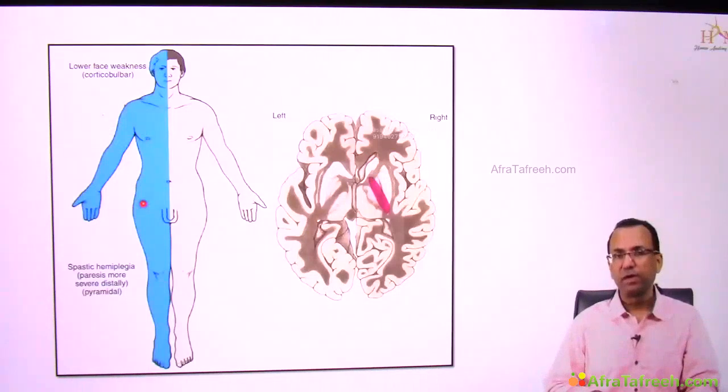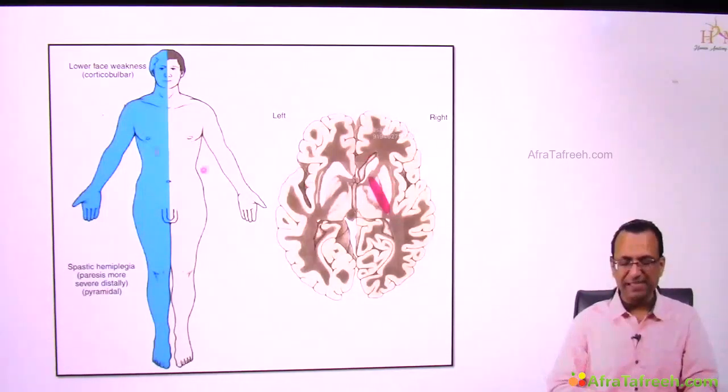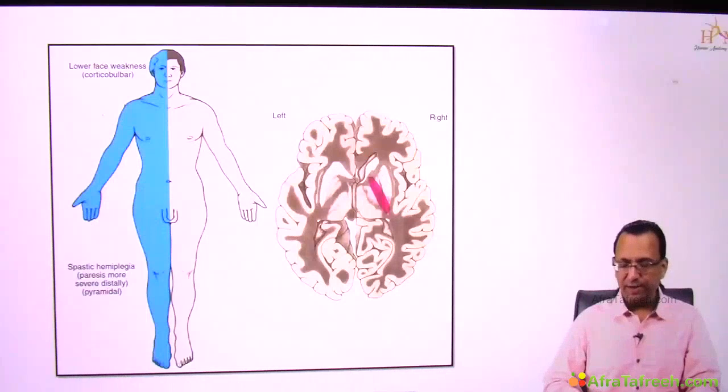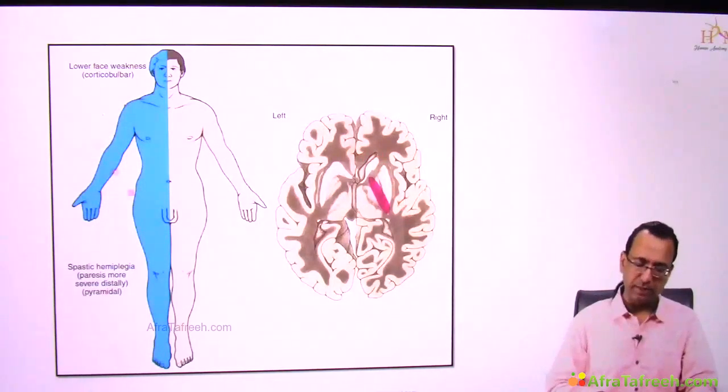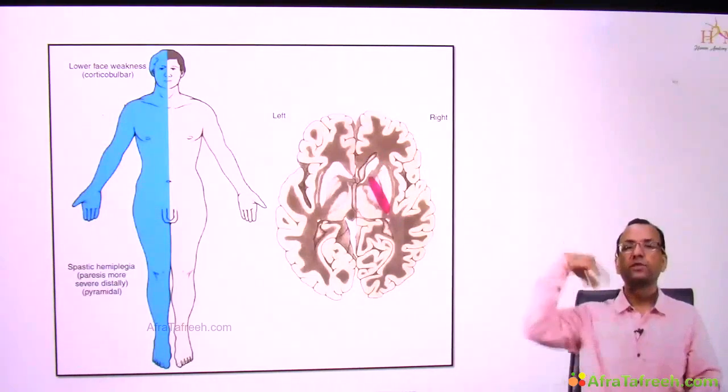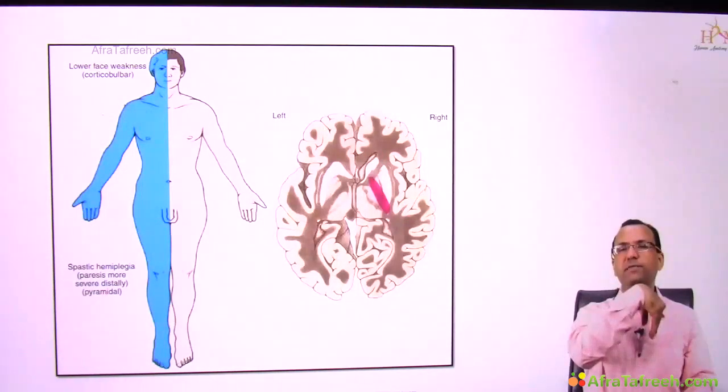That is the point here. And the internal capsule is upper motor neuron fiber, so there will be spastic paralysis, especially in the upper limb and lower limb. So injury of the internal capsule on the left side gives contralateral spastic paralysis in the body. On the right side, there will be flexion of the upper limb and extension of the lower limb.